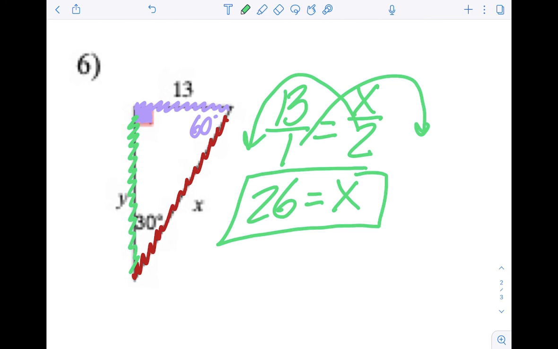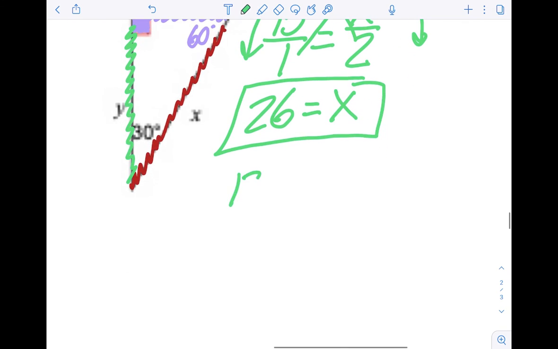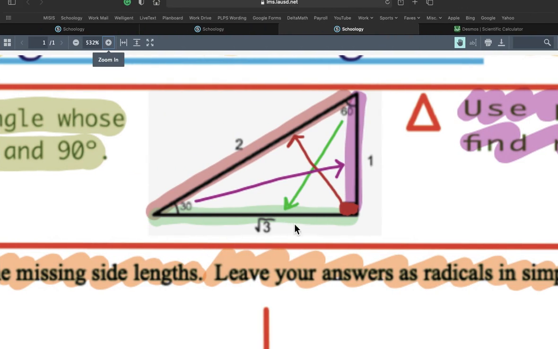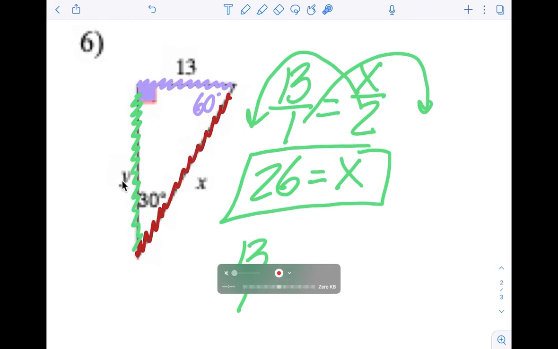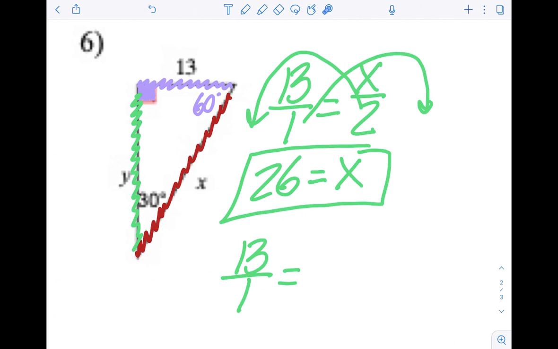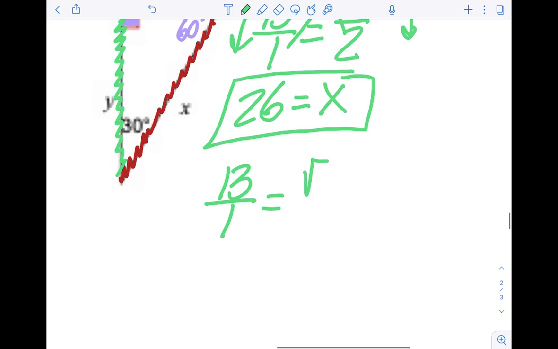So I know my 13 over 1, right? I'm going to use 13 over 1 again. Now I'm going to find my y. So I'm going to go green to green, which is radical 3. So y over radical 3.